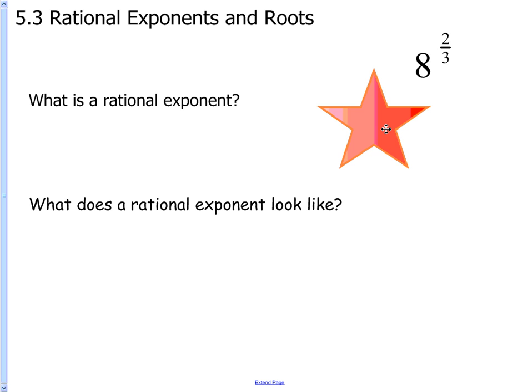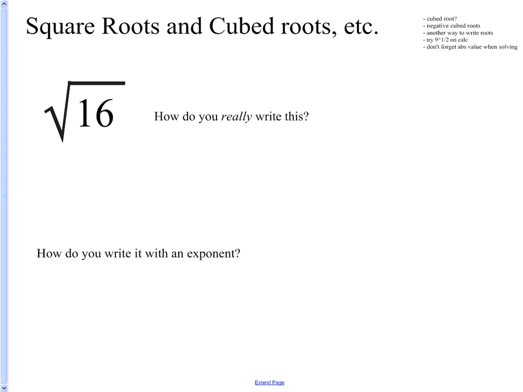Okay, square roots and cubed roots. That square root of 16, did you know that if you've been writing it that way this whole time, you've been leaving off something? You didn't even know. There's actually a little 2 right here. That means square root. They leave it off because when they're teaching it to you for the first time, it really doesn't matter, because they're not going to teach you any other kind of roots.